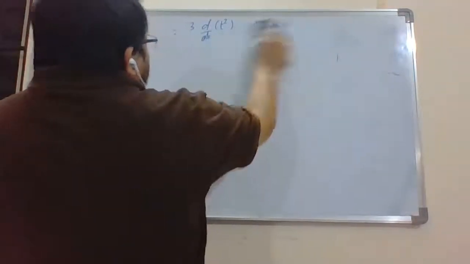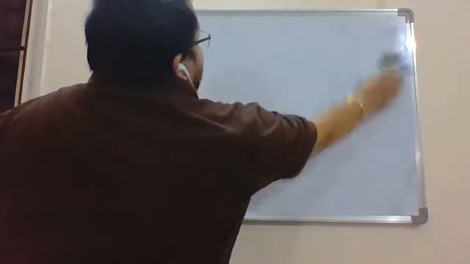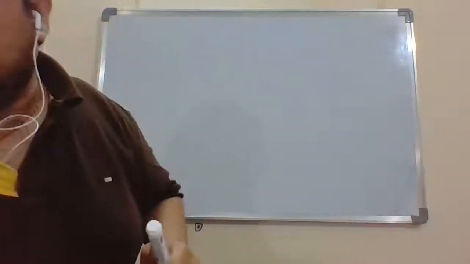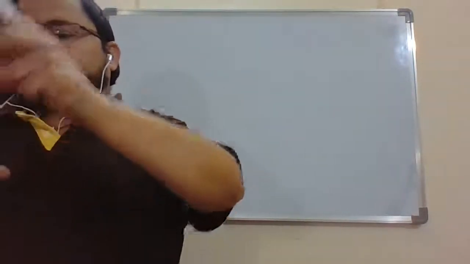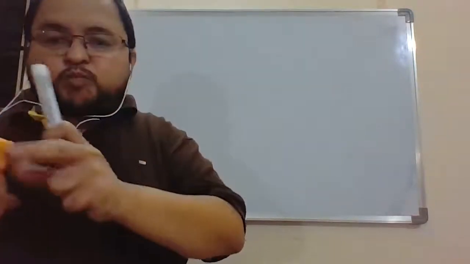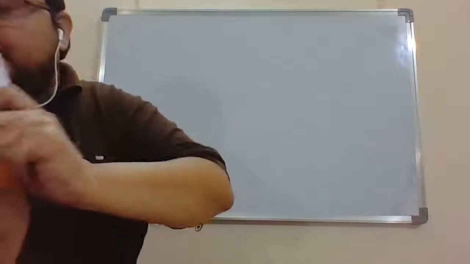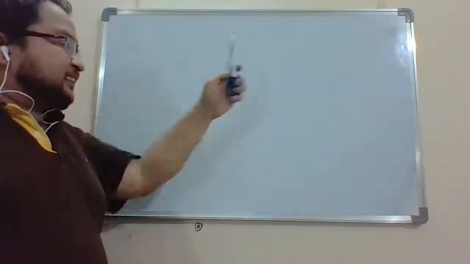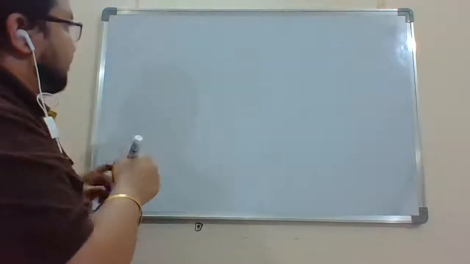So pretty simple problems. Now the next thing that we would do is we would understand these relationships using the graphs, right?